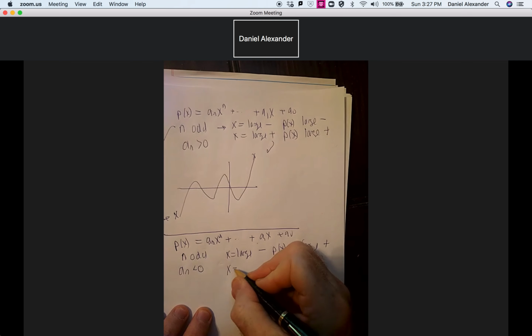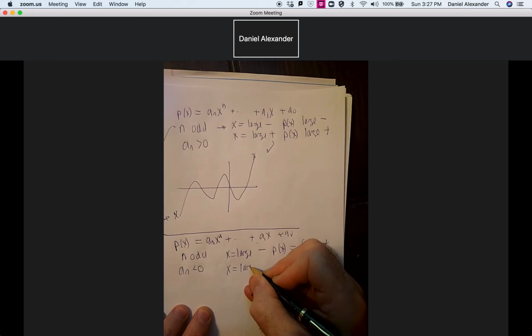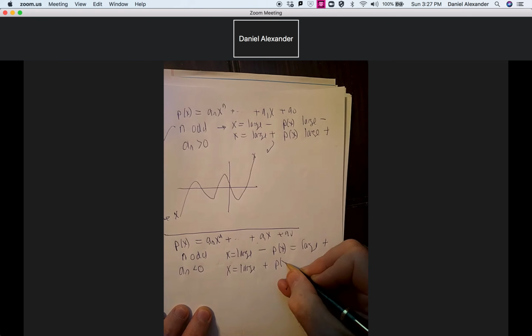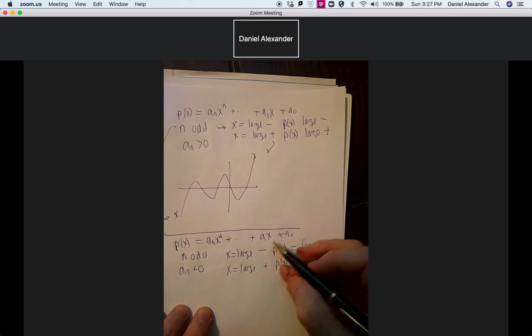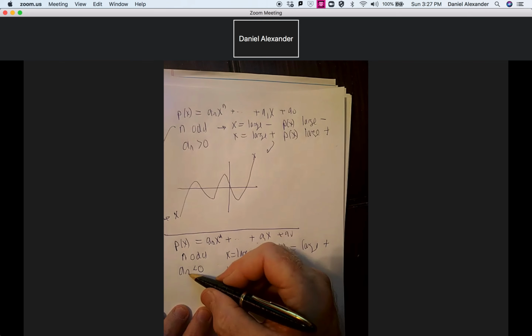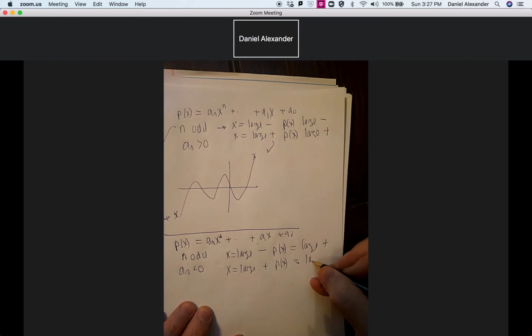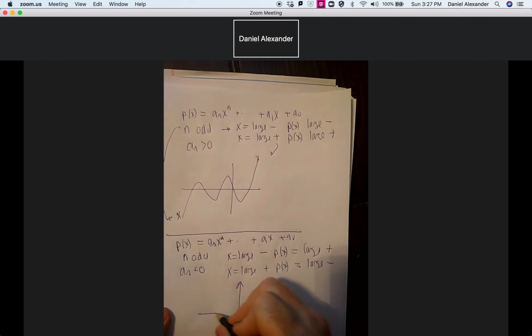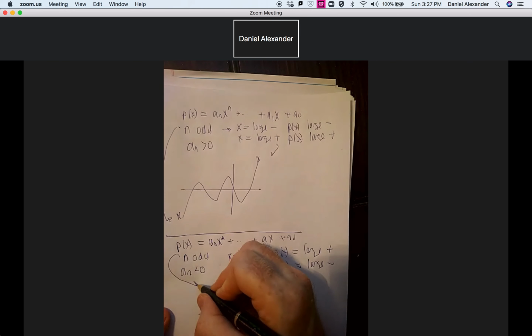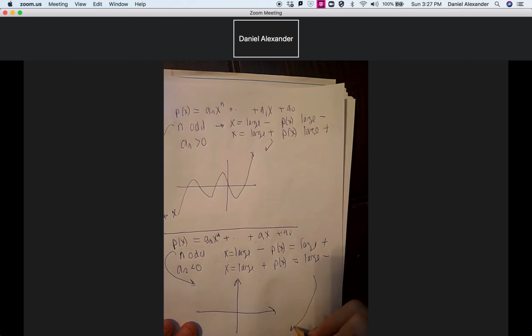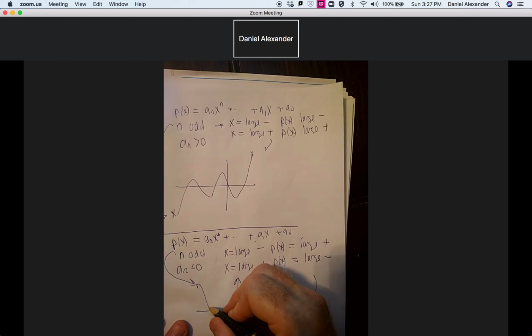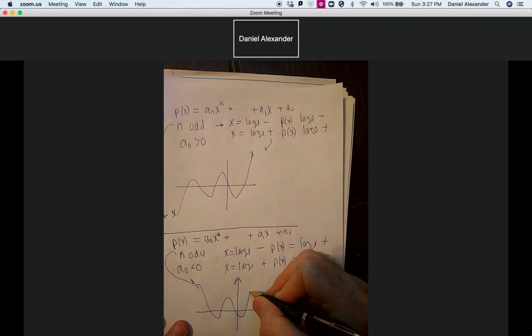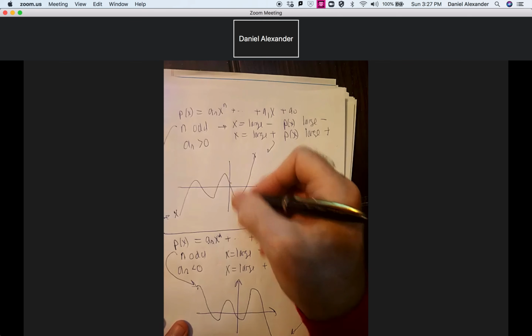And if x is a large positive number, x to the n will be positive, but the a_n is going to make it negative. So we'll have a large negative number. So our graph will look like this. It'll start high and end low. So start here, go up and down a few times, and then end low. So the opposite of that.